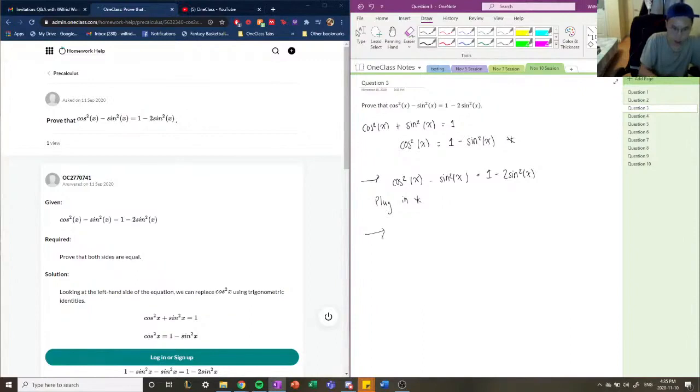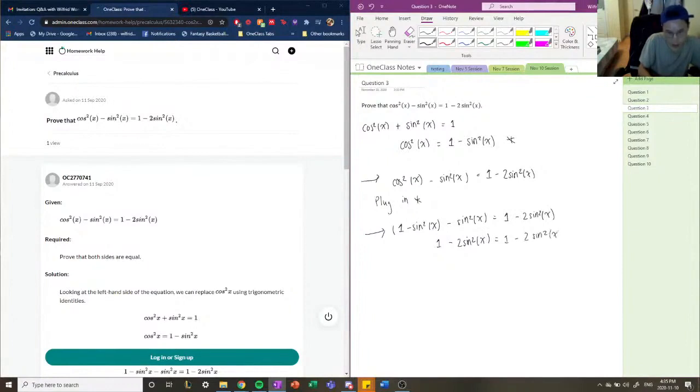So that would equal 1 minus sine squared x minus sine squared x, which equals 1 minus 2 sine squared x. If you take out these brackets, we see that we have 1 minus 2 sine squared x, and we have proven the statement.